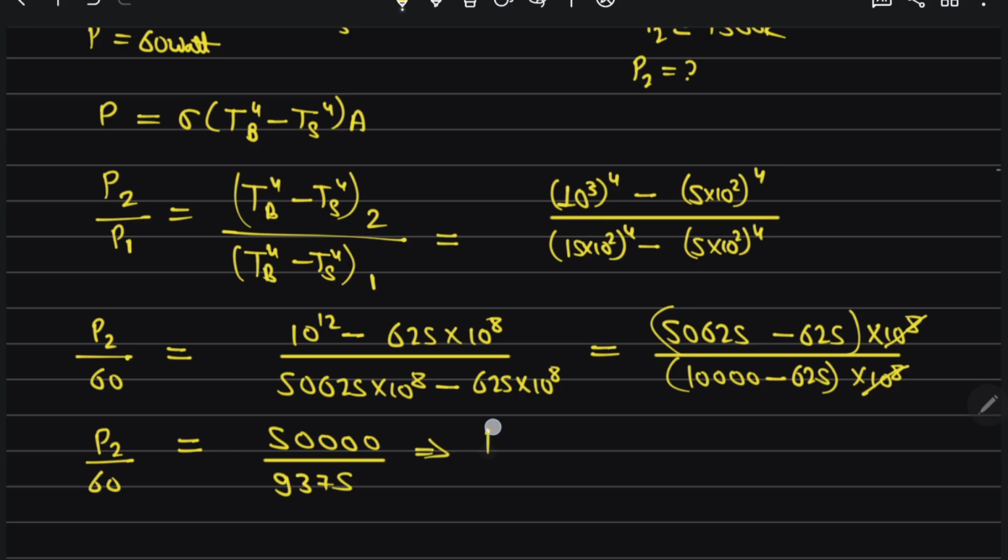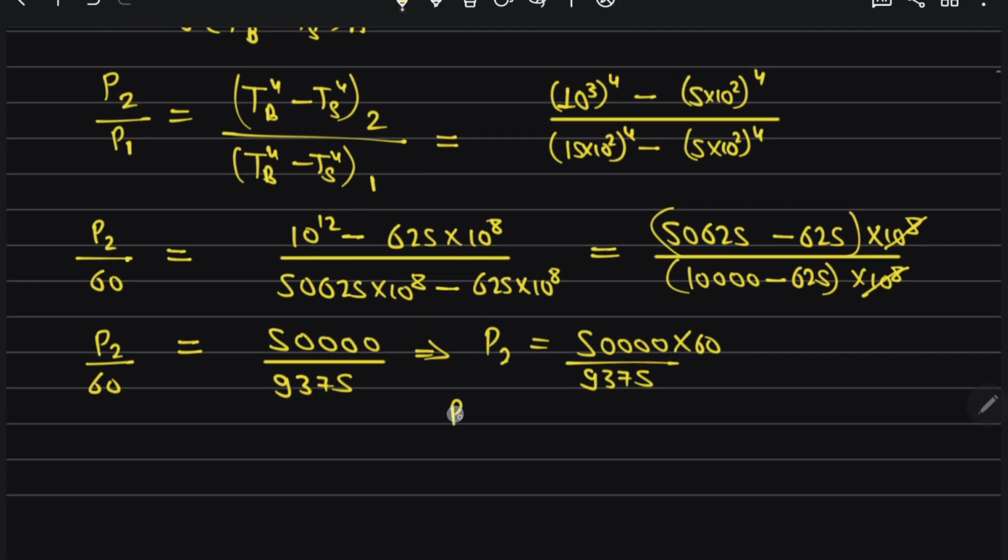So if I write, P2 is equal to 50,000 divided by 9375 into 60. So 50,000 into 60 divided by 9375 comes out to be 320 watt. This comes out to be 320 watt.